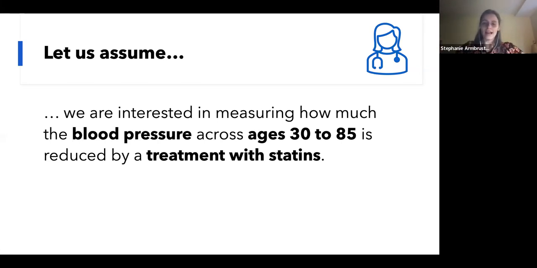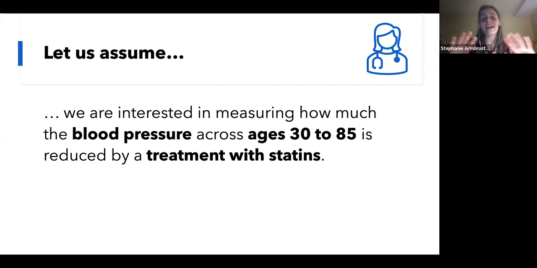Let's assume we are all doctors, even though I'm not, and we are interested in measuring how much blood pressure across the ages 30 to 85 is reduced by a treatment with statins. And I just Googled that. That's how I found out that statins reduce blood pressure.